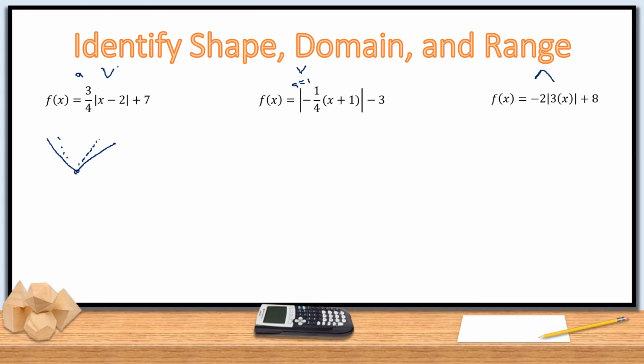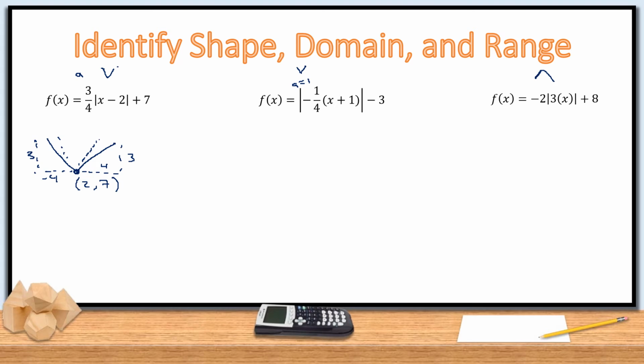And the coordinate of our vertex, can you tell me what it is? So if x minus h, so minus h is 2, and then k is 7, so 2, 7 is my vertex. Going to have a slope of 3/4. So it's going to go out 4, up 3, and then back 4, up 3 on the other side because it is symmetrical.